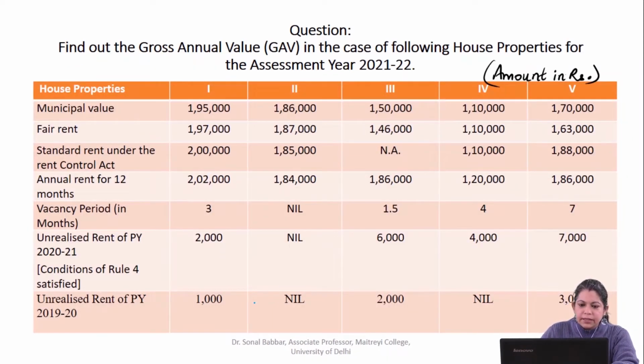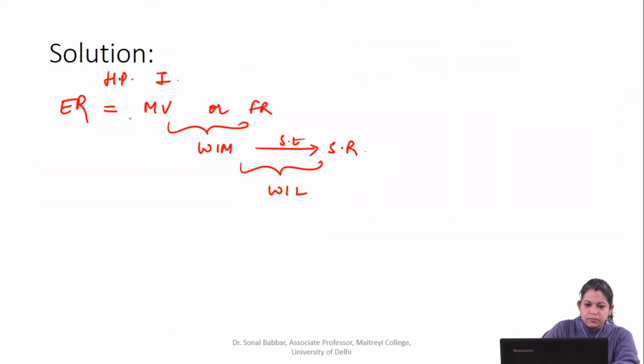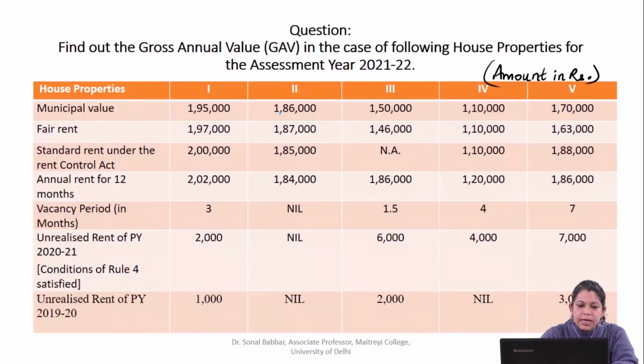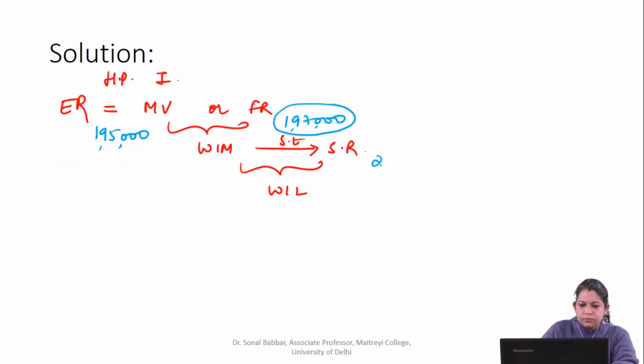MV is given as 1,95,000 and FR is given as 1,97,000. So whichever is more is FR. Standard rent is 2 lakh. So 197, which is the fair rent, is compared with the standard rent, and the lesser of the two is taken, which becomes expected rent for us.